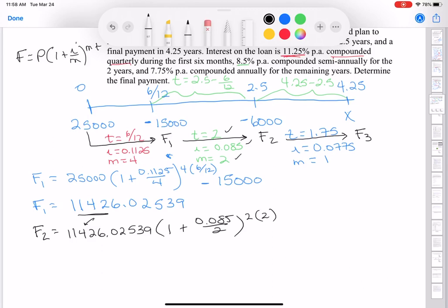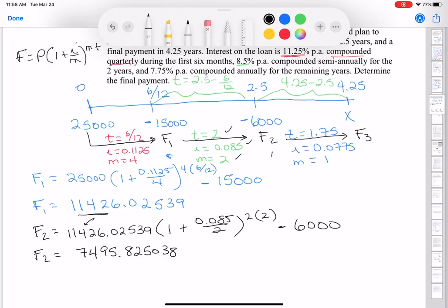And when we stop there at future value 2, we have another payment of $6,000. All right, so we can get this into our calculator, pardon me. And take off the $6,000 payment for a value of $7,495 and a bunch of cents.